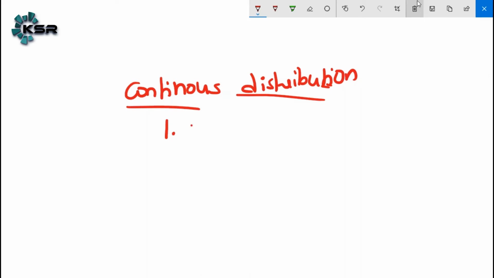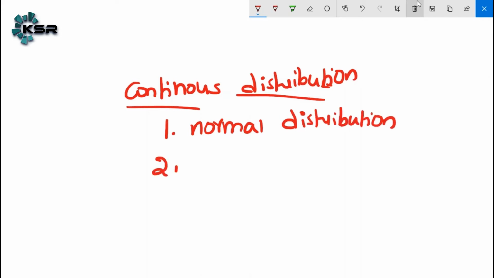First one will be normal distribution. Second one is the T distribution. Third one is F distribution.